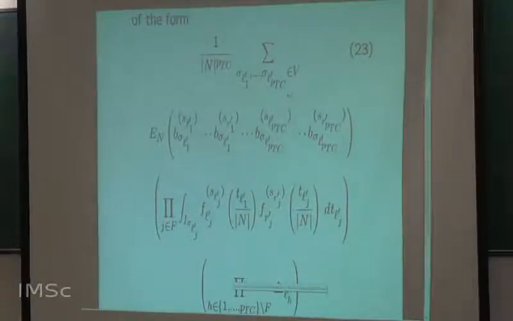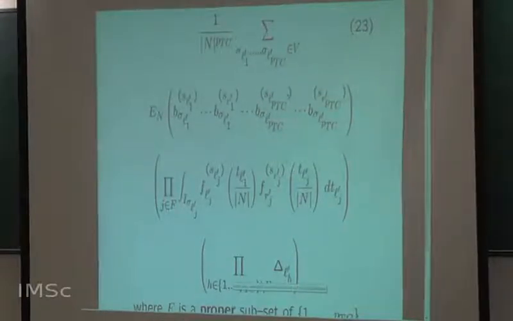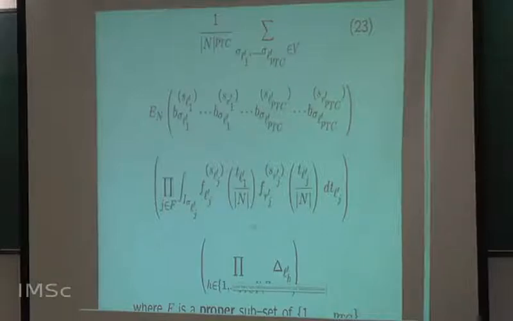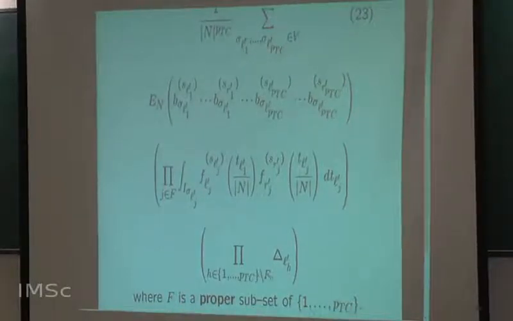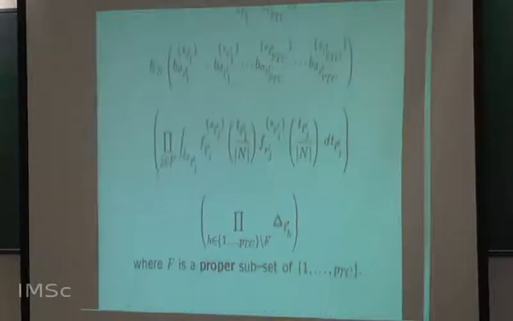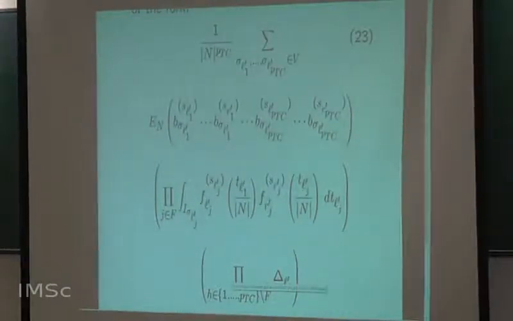Now I want to do the estimate of the part which will contain at least one delta. You see? At least one delta. When I expand the product, I will have a sum over all finite sets F. And the finite set corresponds to the indices of the delta, where some delta appears.